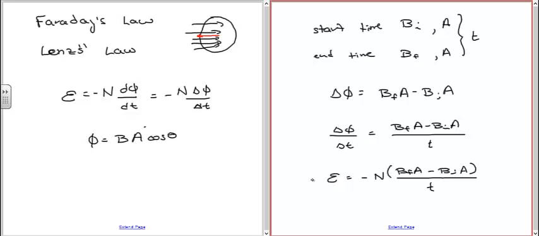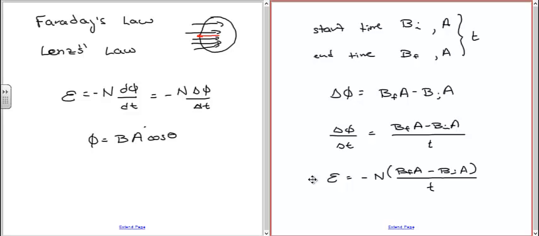And then you can estimate the average voltage during that time period.